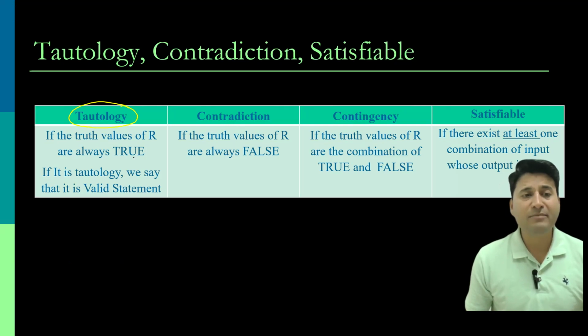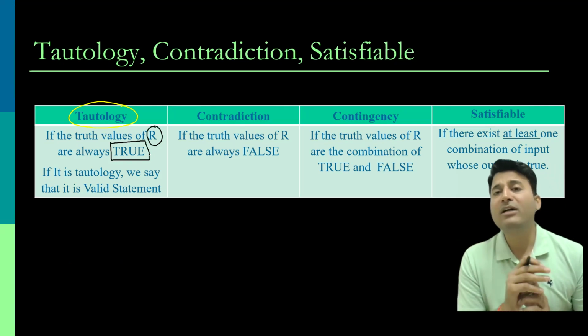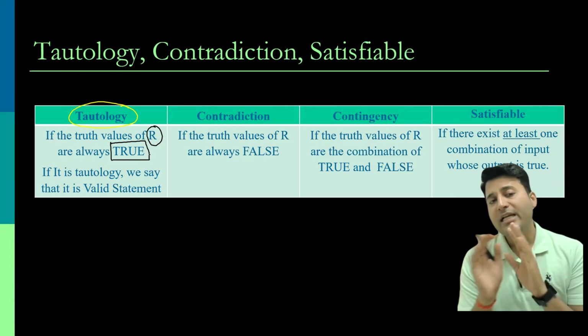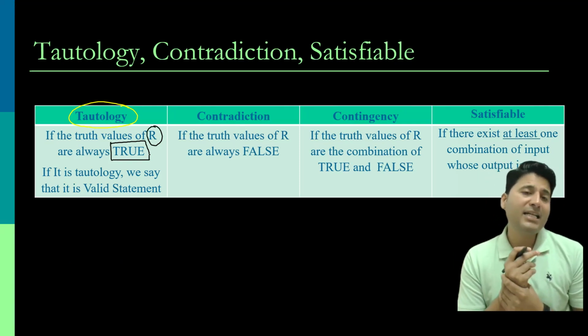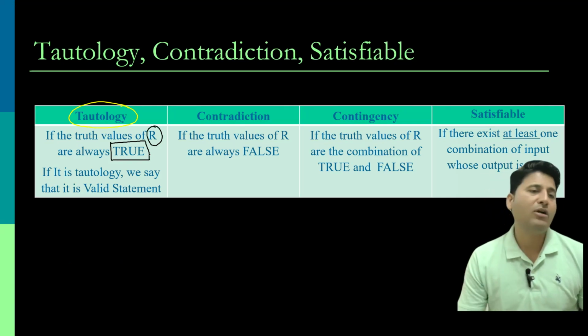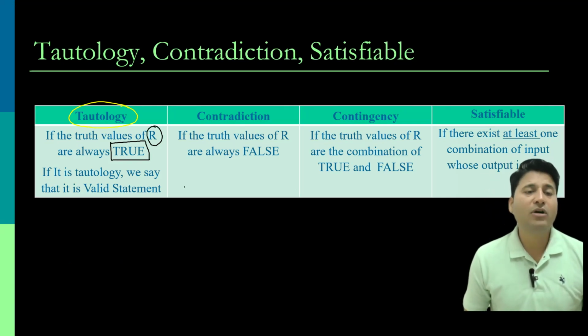What does always work mean? If I am calling the compound proposition R, then its truth value is always T, no matter what inputs you give to the system: on, off, 1, 0, true, false, it will always be true. Then such a compound proposition is called a tautology.